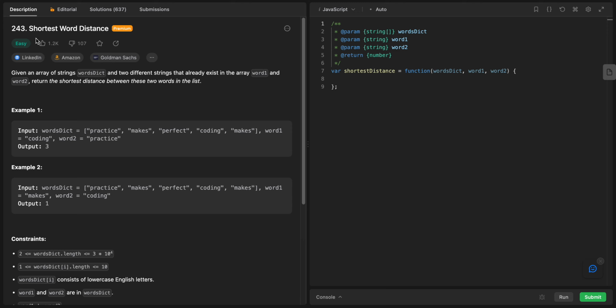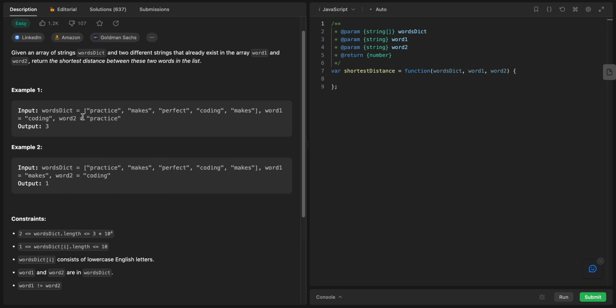It's shortest word distance. The problem goes like that: given an array of strings, word dict, and two different strings that already exist in the array, word one and word two, return the shortest distance between these two words in the list.